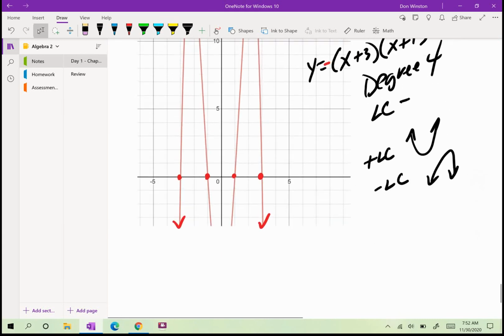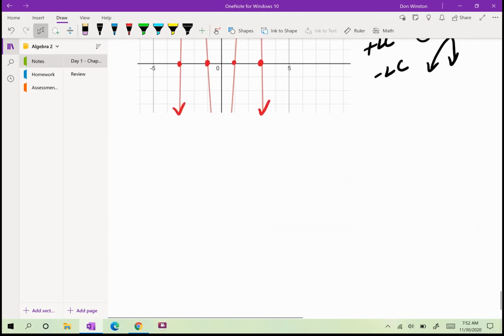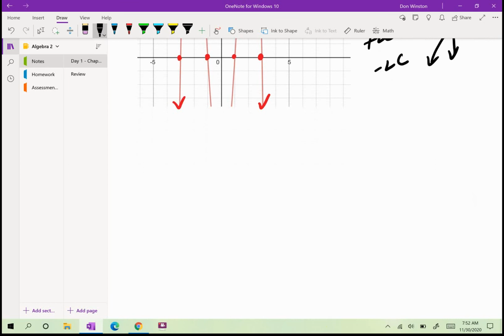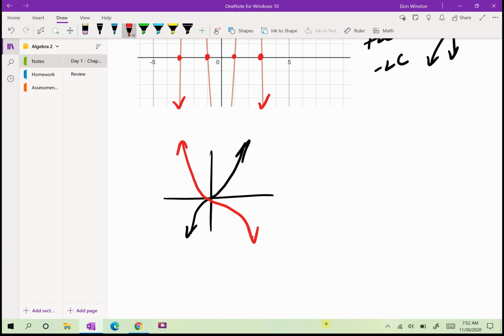Now, the last thing I wanted to go over was domain and range. For any odd degree polynomial, the domain and range is just all real numbers. It doesn't matter if it's a positive leading coefficient or a negative leading coefficient.